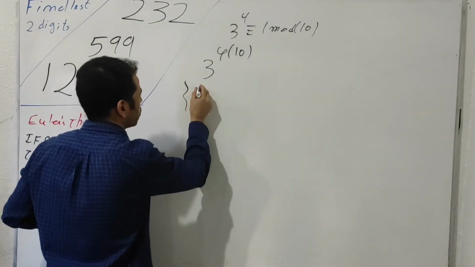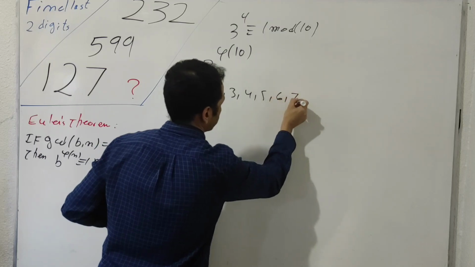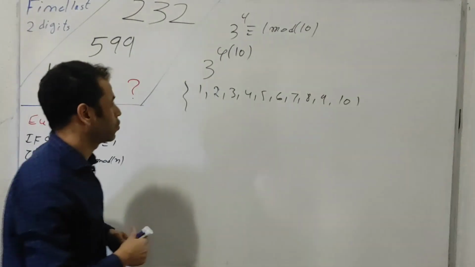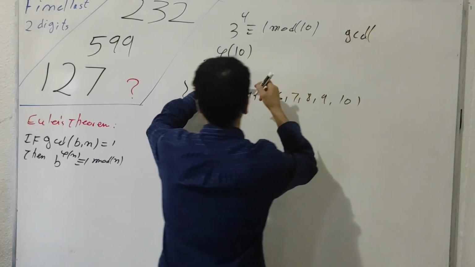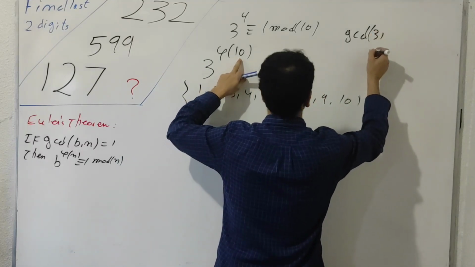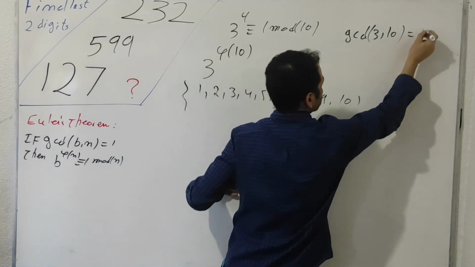All the numbers 1, 2, 3, 4, 5, 6, 7, 8, 9, 10. You are going to find the GCD first. GCD of the base, which is 3, and n, which is 10, equals 1.